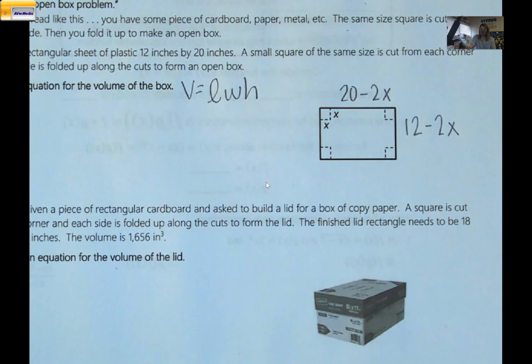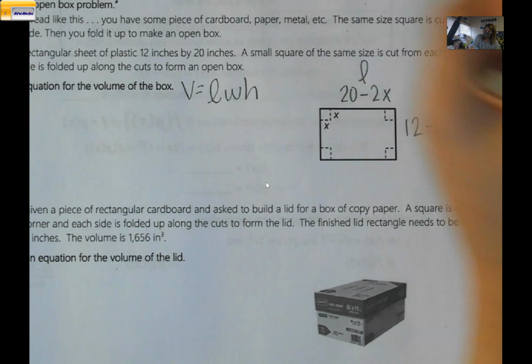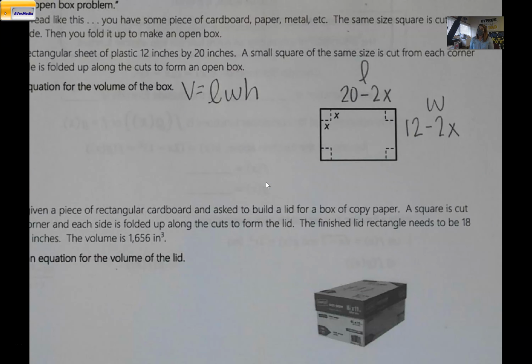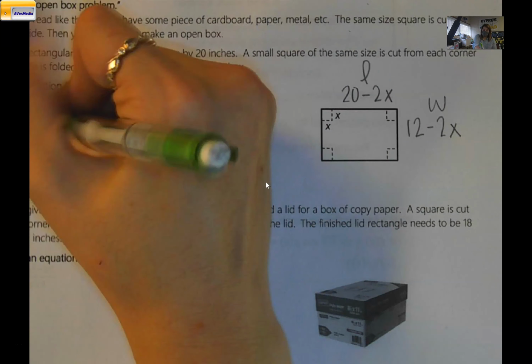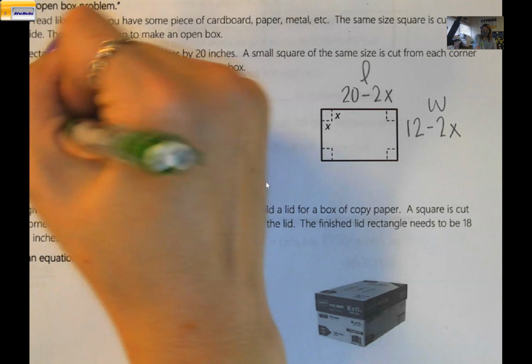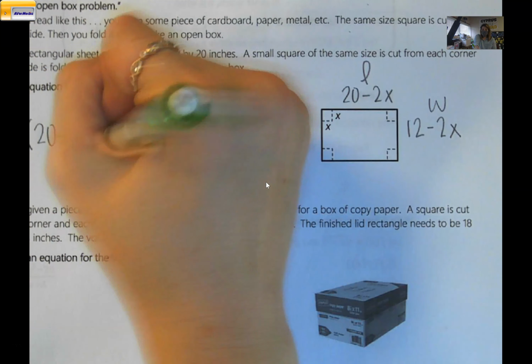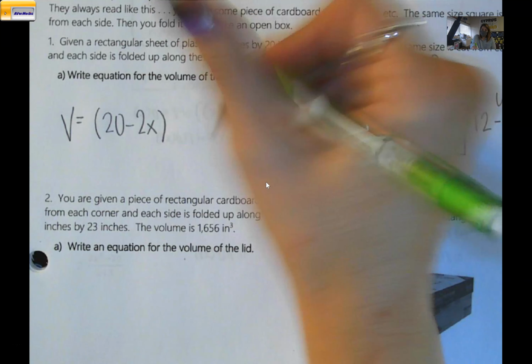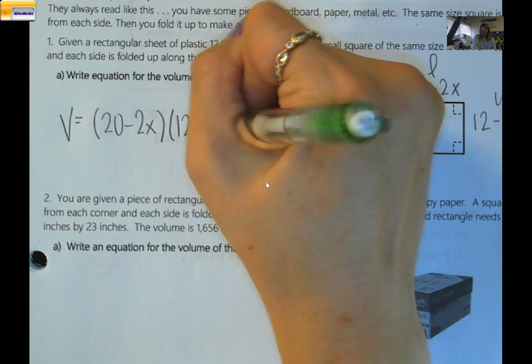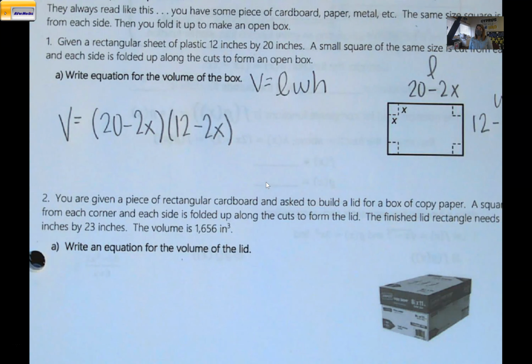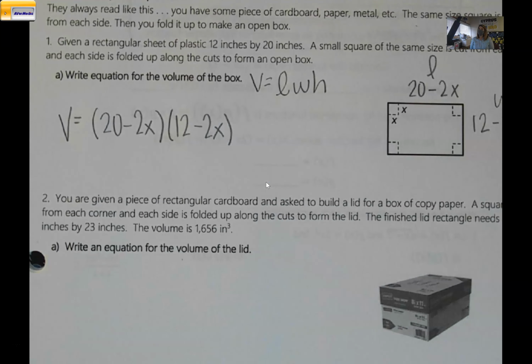Okay, well, now this is my length and this is my width. So my volume is 20 minus 2X times 12 minus 2X times, what is the height of our box now?